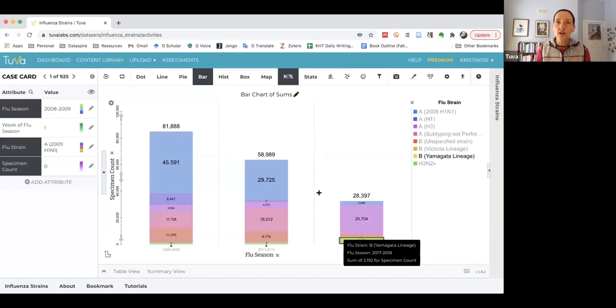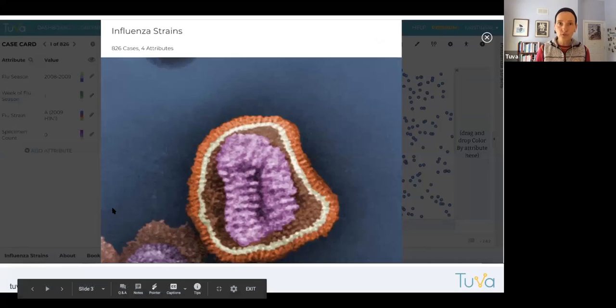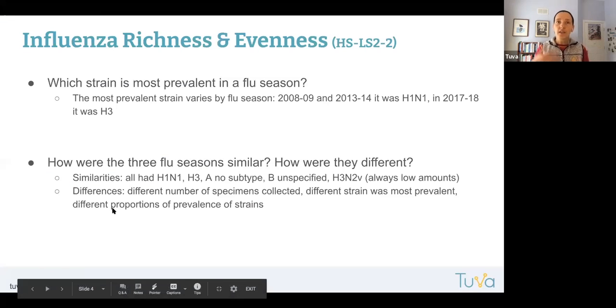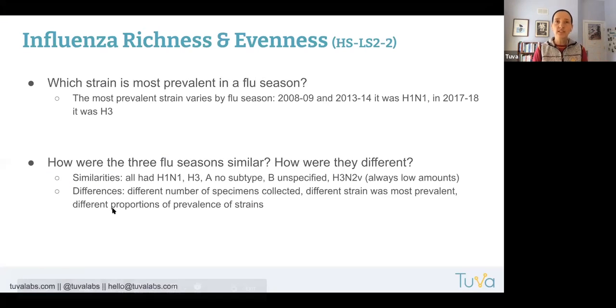And this is interesting. If your students are familiar with the flu vaccine that we get each year and why we have to get it each year, looking at data on the influenza strains can be an interesting way to get at biodiversity, this richness and evenness.